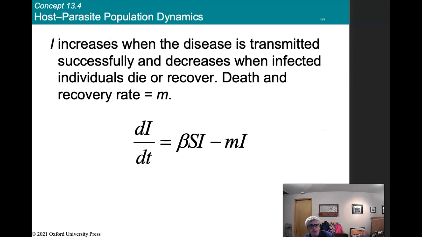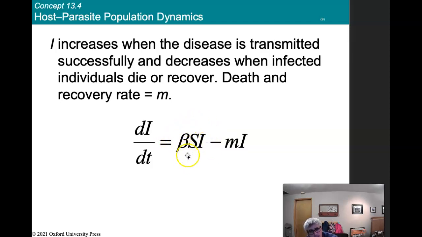I increases when the disease is transmitted successfully, and decreases when infected individuals die or recover. Death and recovery rate is M. So the change in the infected individuals over change in time is a function of disease transmission: the transmission coefficient, density of susceptible individuals, density of infected individuals.